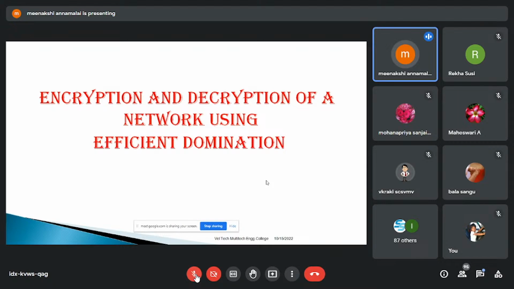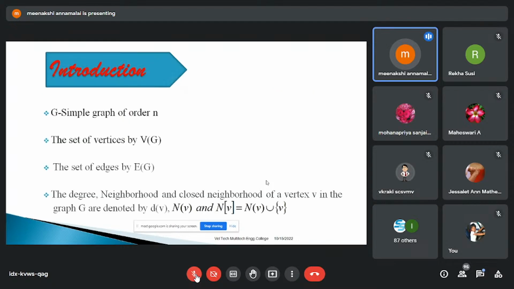We are taking that G is a simple graph of finite order, and the set of all vertices is denoted by V of G, and the set of all edges is denoted by E of G. The degree of the vertex is denoted by d of v, and N of v represents the open neighborhood of the vertex v. The next one is the closed neighborhood of the vertex v, and the induced subgraph.